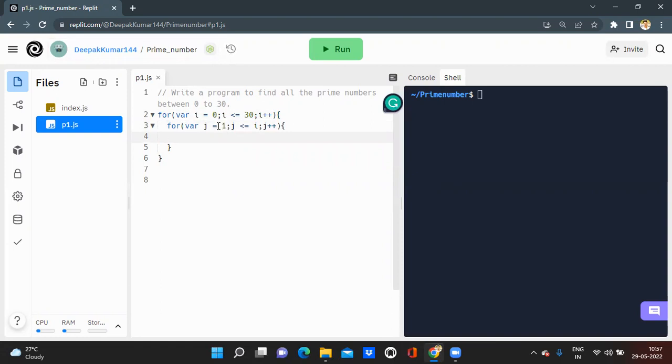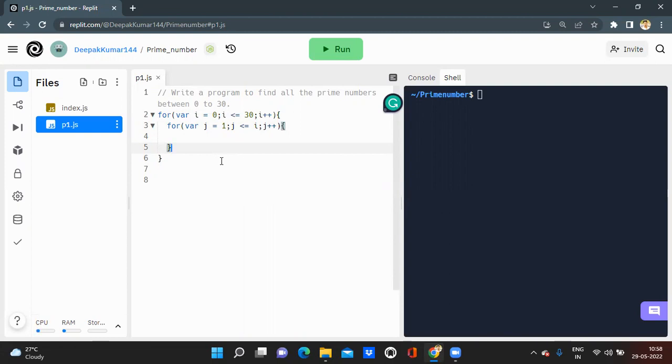Here you may be confused about why I starts from 0 and why j starts from 1. It is because we have to divide the number starting from 1. Suppose the number is 7. We have to divide 7 by 1. Is 7 divisible by 1? Yes, it is.